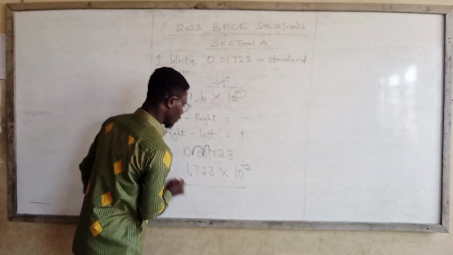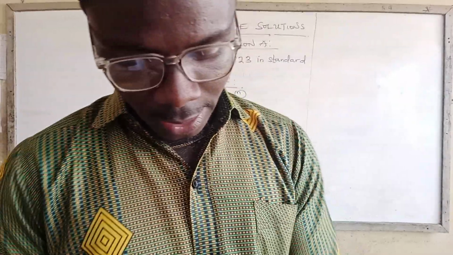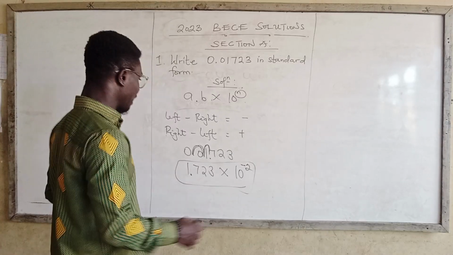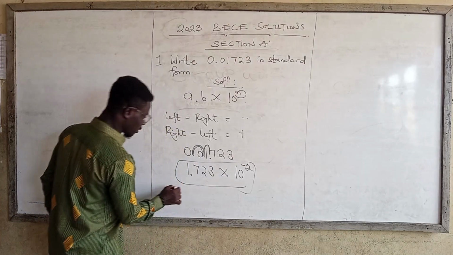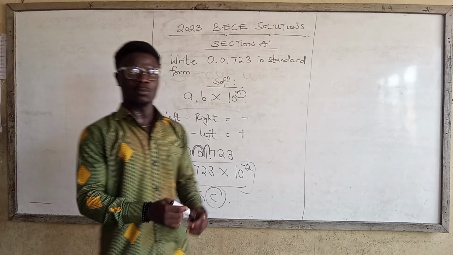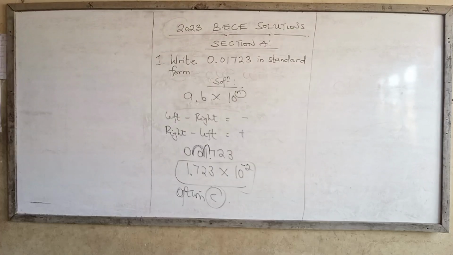Let's see the option for that. That's option C, 1.723 times 10 exponent negative 2. All right, let's move on to question 2.